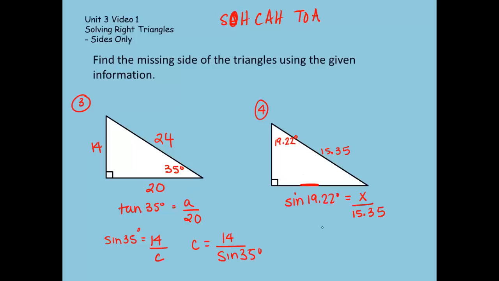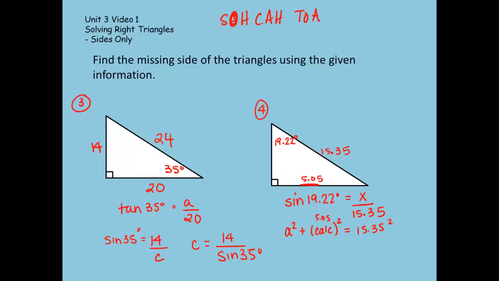So I found this side length right here to be 5.05. I can use the Pythagorean theorem to do this. If I do that, it's best if I use the number that's already in the calculator. So that means I'm going to have a squared plus the calculator number that I just found, the 5.05 squared, equals 15.35 squared.